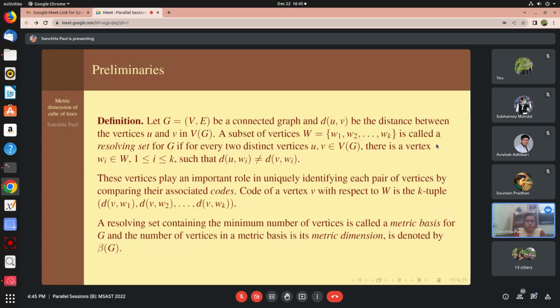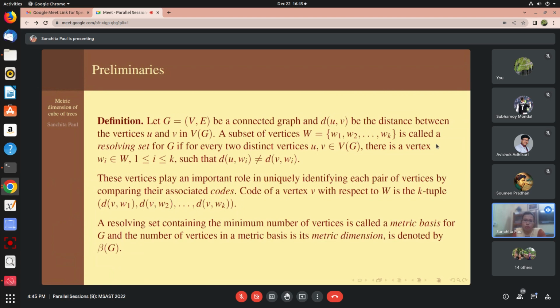So, what is the definition? Given a connected graph, a subset of vertices W is called a resolving set if for any two distinct vertices U, V, there is a vertex Wi such that the distance from U to Wi is not equal to the distance from V to Wi. These vertices of W play an important role in uniquely identifying each pair of vertices by comparing their associated codes.